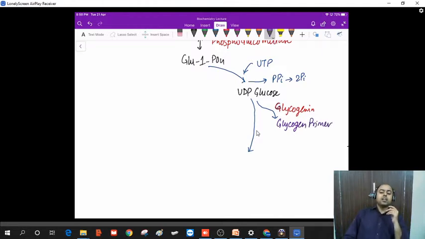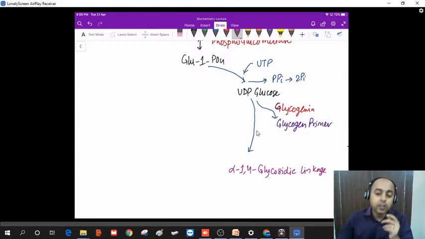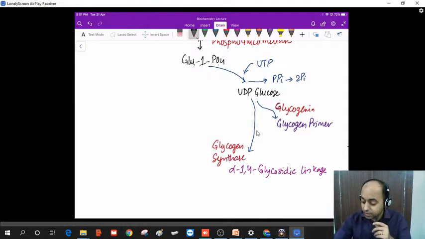Or if the glycogen primer is already there, in that case it forms the alpha 1 4 glycosidic linkage, and this reaction is catalyzed by the glycogen synthase.